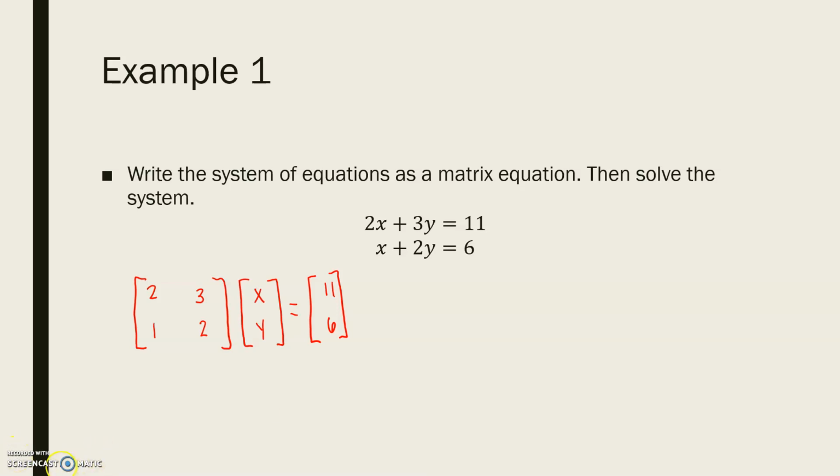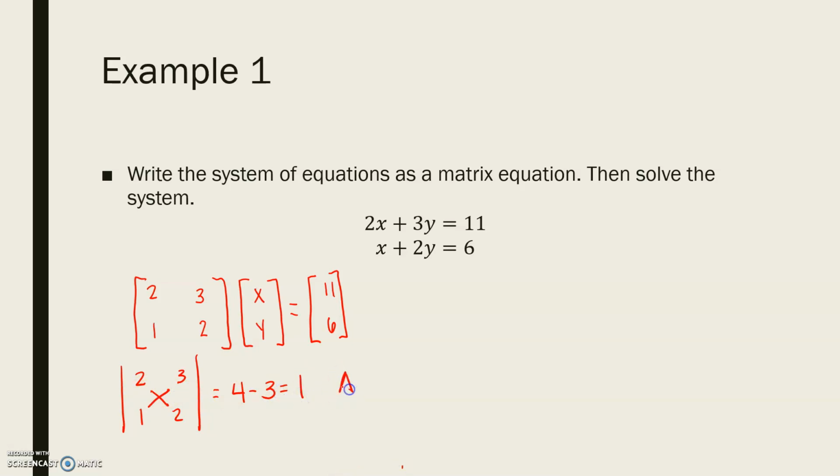The first thing that I do to find the inverse is to find the determinant. So for my determinant, I'm going to get 4 minus 3, because I did 2 times 2, minus 1 times 3. So this would just give me 1.